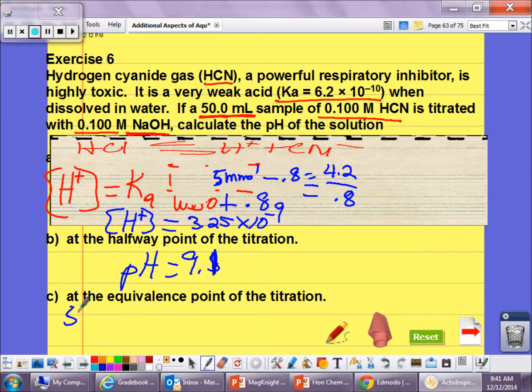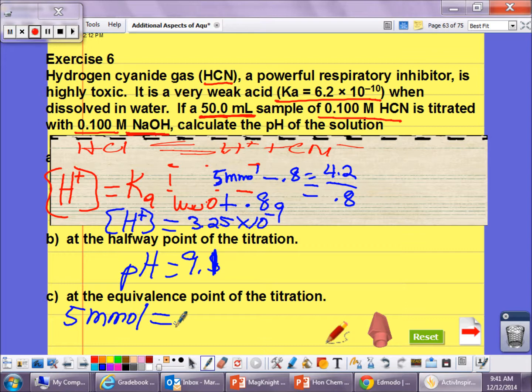At that point you should have used 5 millimoles of the base also. So when you add that acid to the base, you are producing 5 millimoles of salt.